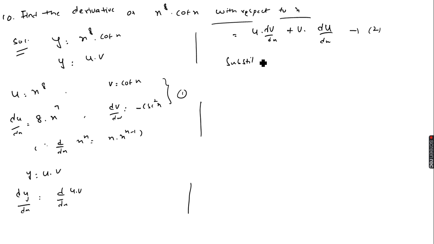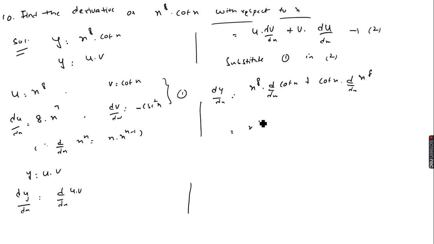Substitute 1 in 2. Therefore dy by dx is equal to u, that is x power 8, into d by dx of v, which is cot x, plus cot x into d by dx of x power 8.